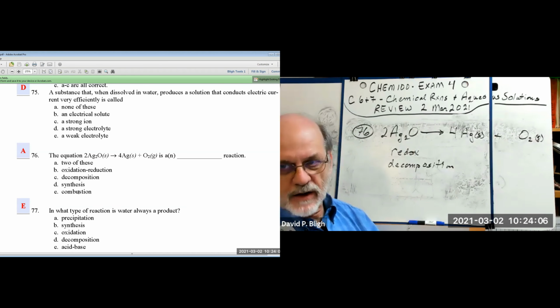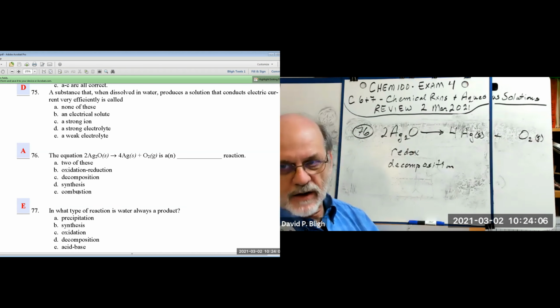Okay, now this one, when you react sodium carbonate with magnesium chloride, what do you get? And if you write the complete ionic equation, which one of these following species is present in the balanced equation?